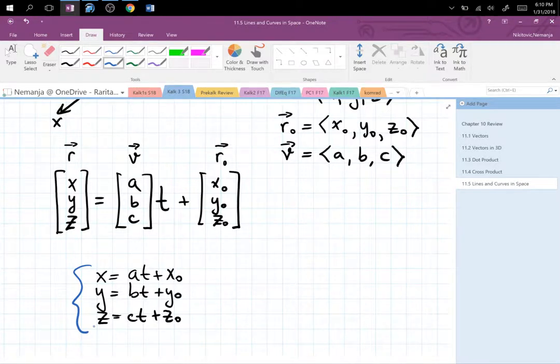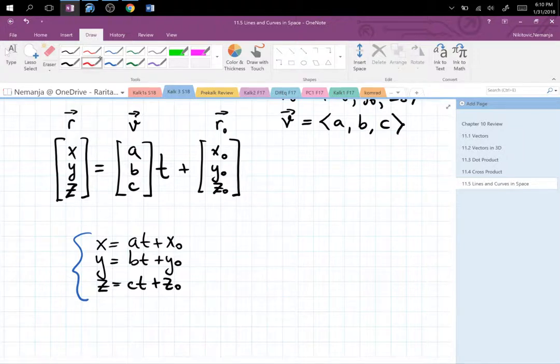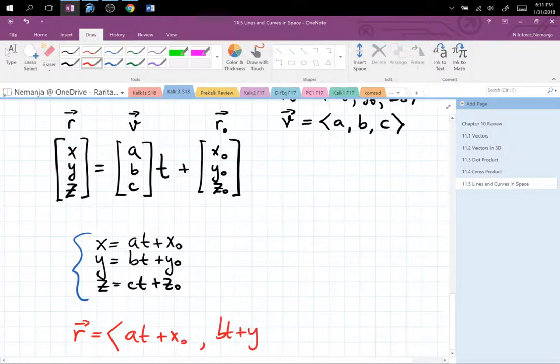And now, since we already defined our parametric sets that can be arranged in a vector to give us what we call a vector valued function, the equation of the straight line in 3D in all of its glory is going to be r equals the vector with components at plus x0, bt plus y0, ct plus z0.